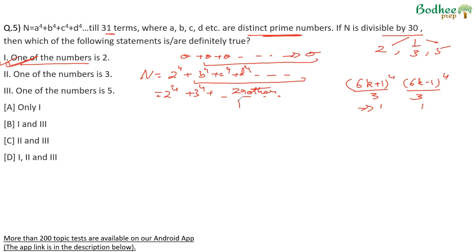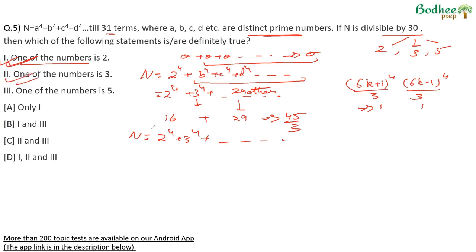And therefore, we'll get 29 from here, 2 raised to power 4, which is 16, from here. 29 plus 16 is 45, which is divisible by 3. So if we make one of the numbers 3, the entire N becomes divisible by 3. So this is also true.